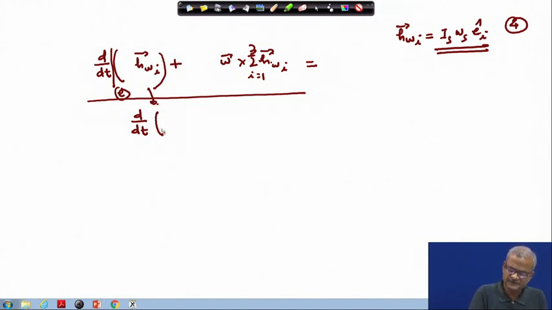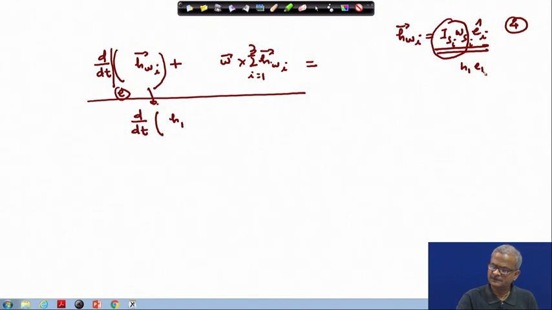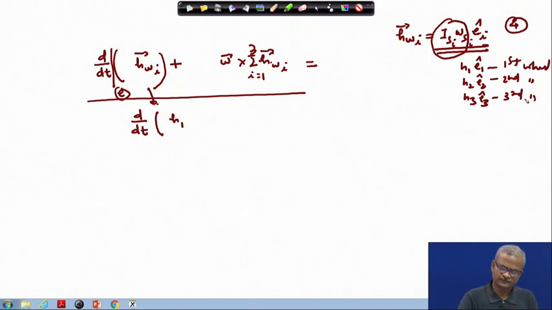So, h w I can be written as h 1, and let us name this quantity for the ith wheel. We will name this as h 1 times E 1 cap for the first wheel, h 2 times E 2 cap for the second wheel, h 3 times E 3 cap for the third wheel.